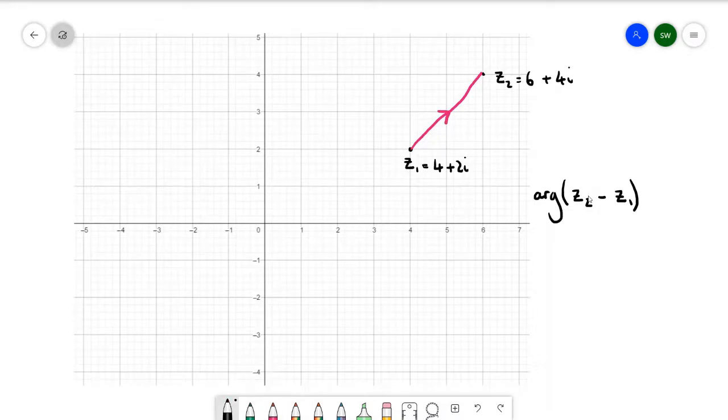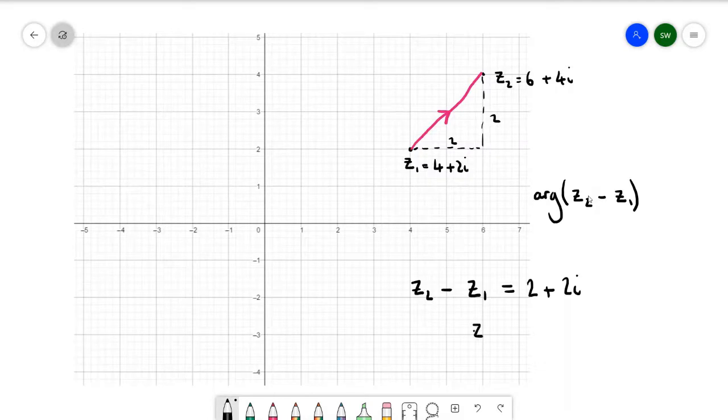So we've got to be a little bit careful though, because what we really mean by this pink vector is actually a complex number. z2 minus z1, if you work that out, is actually 2 plus 2i. And that's reflected in the fact that this vector goes right by 2 and up by 2.